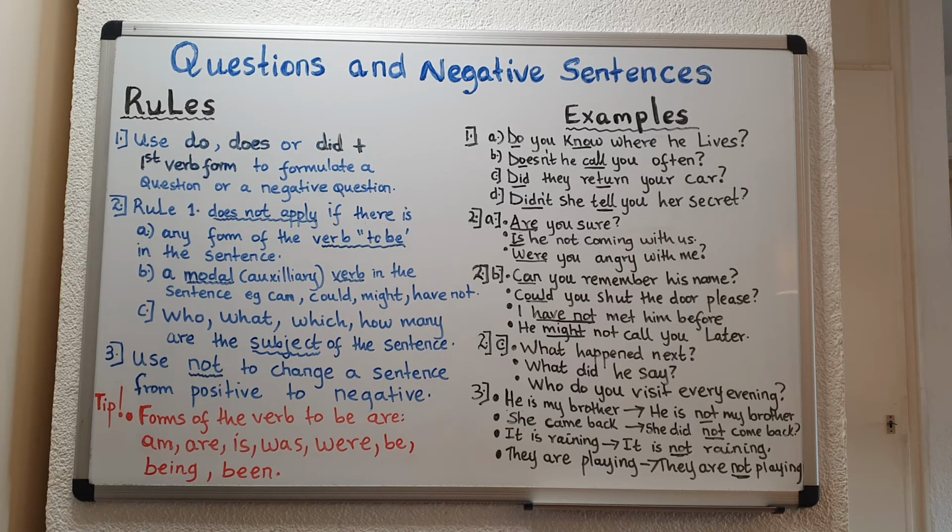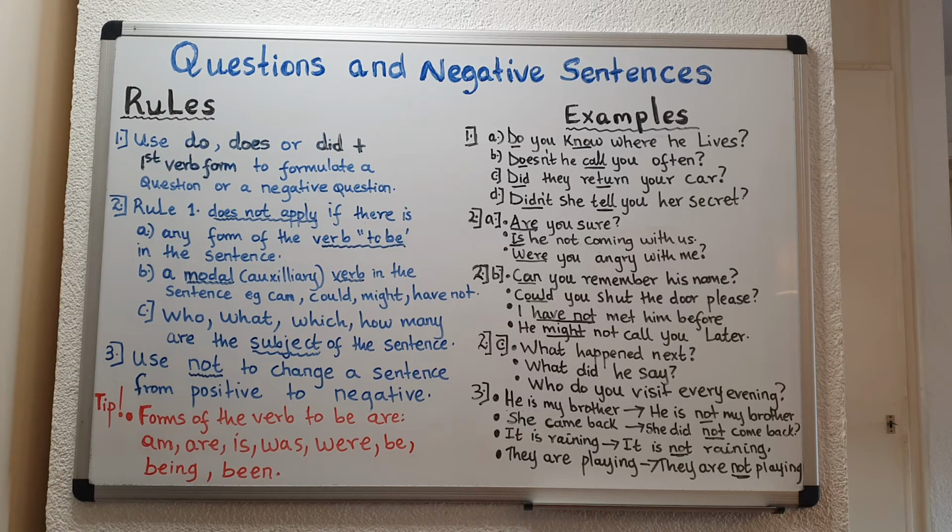You can either begin the sentence with do, does, or did, or you can begin the sentence with any form of the verb to be. Are you sure? Is he not coming with us? Were you angry with me? Was he not here a minute ago? Am I not being honest?